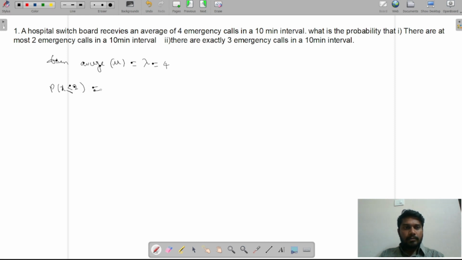Yes, so it means I may not get a call, I may get one call, or I may get two calls. So now at x equal to 0, x equal to 1, and x equal to 2, I'm writing the Poisson distribution.